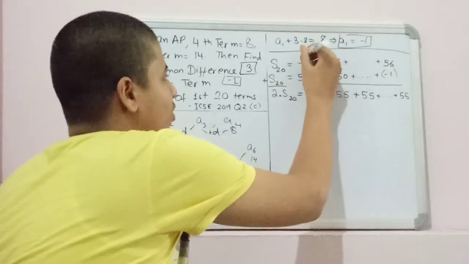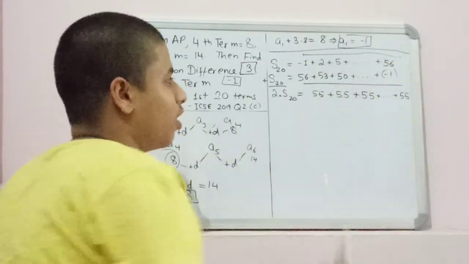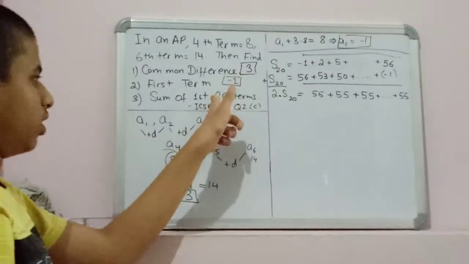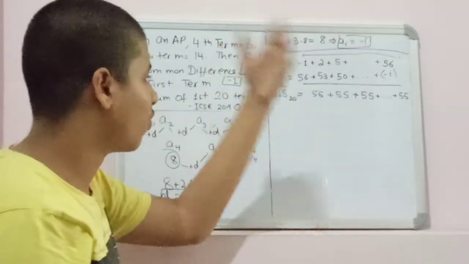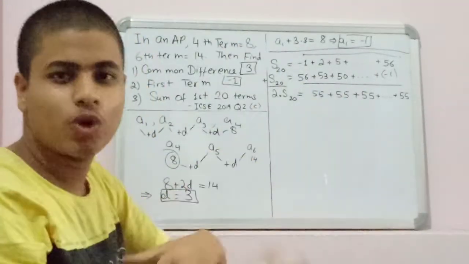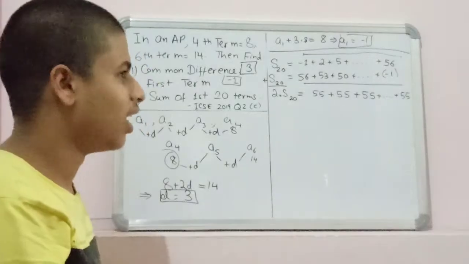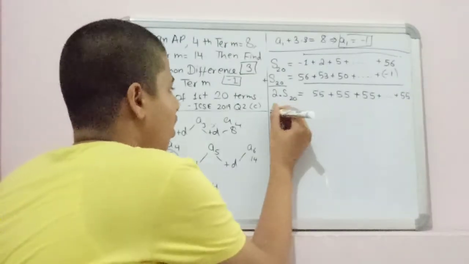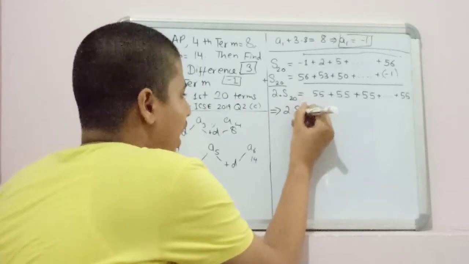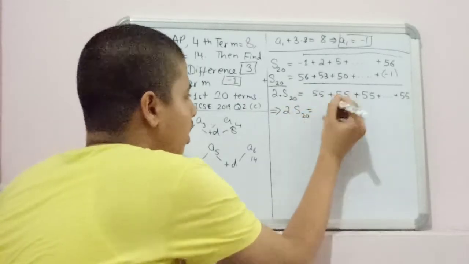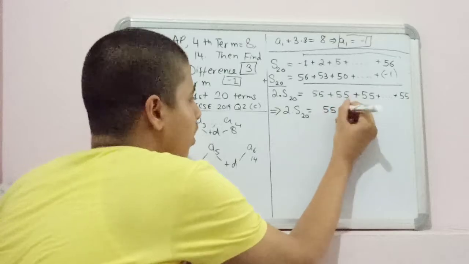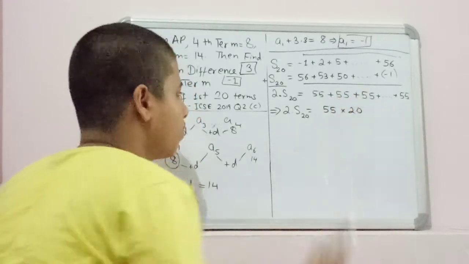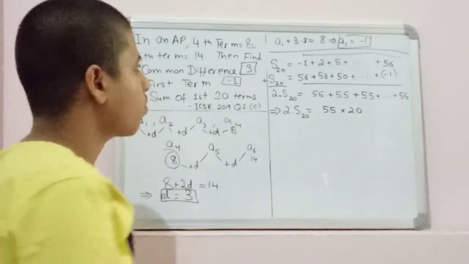Now how many terms were there in this one? Well, we already know. It's the sum of the first 20 terms. So there were 20 terms. 55 added to itself 20 times. That's the same thing as 55 times 20. That's how we define multiplication. Which means that 2 times S20 is 55 times 20, because that's the number of terms here.